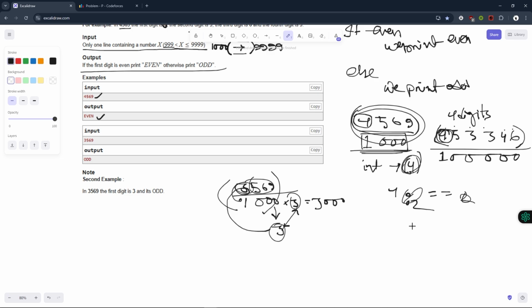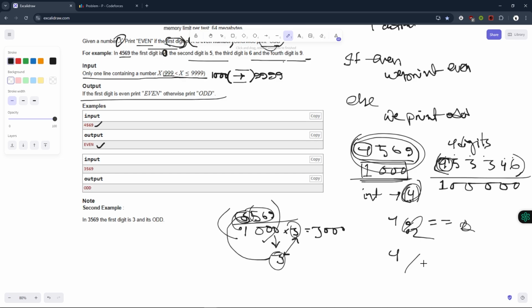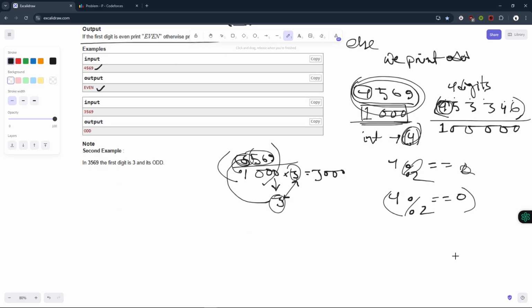What this does is calculate how much remainder there is. If any number is divisible by any other number, then their modulo will be 0. So if it is modulo 2 equal to 0, then it is even, else it is odd. I hope everyone got that.